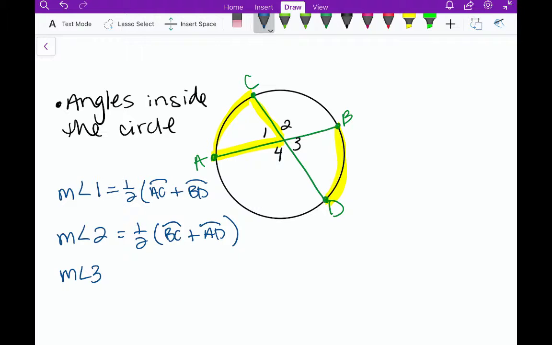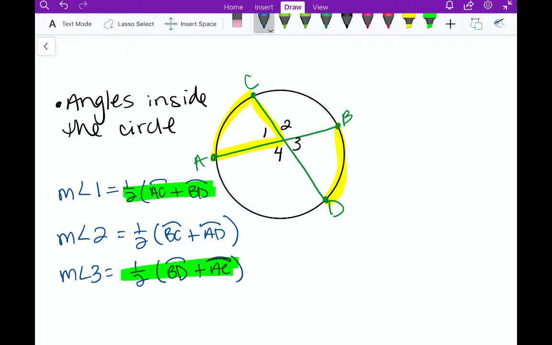The measure of angle 3 is equal to 1/2 the sum of arc BD plus arc AC. You should notice that this is the same as that, which should not surprise you because angle 1 and angle 3 are vertical angles which are congruent.